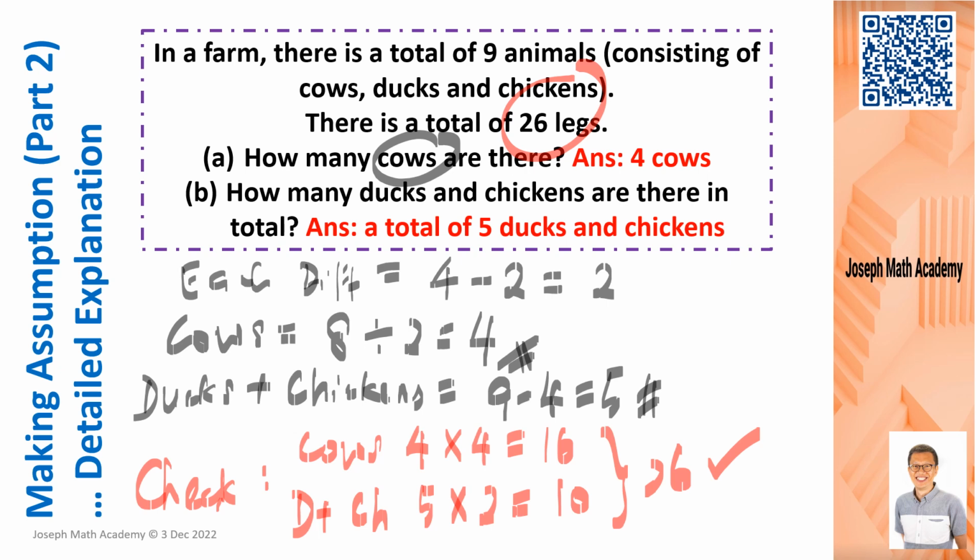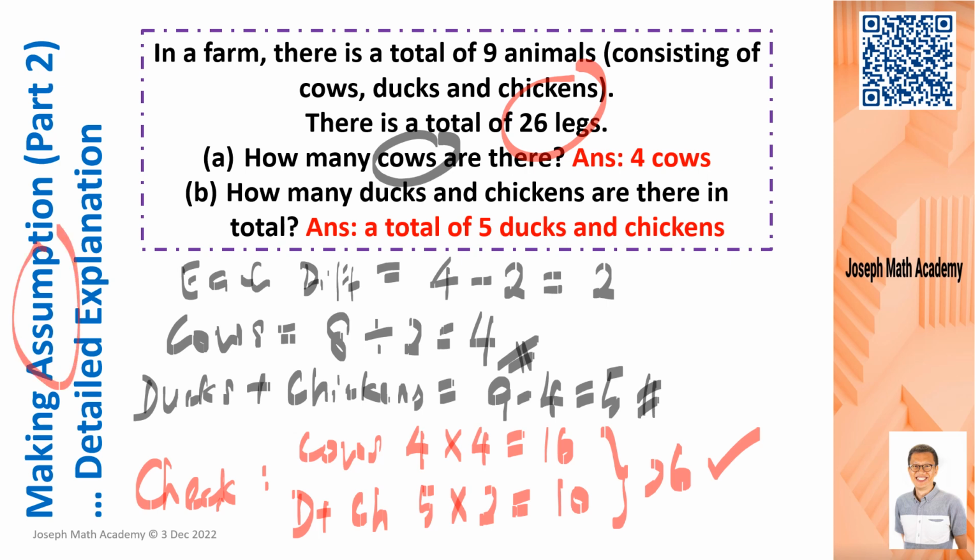Our important job is this: reading the question carefully and annotating very carefully, we can conclude that the chickens and ducks can be lumped into one category called the two-legged category, and the cows belong to the four-legged category. So in the end, we are back to two big categories, meaning we can still use the assumption method.